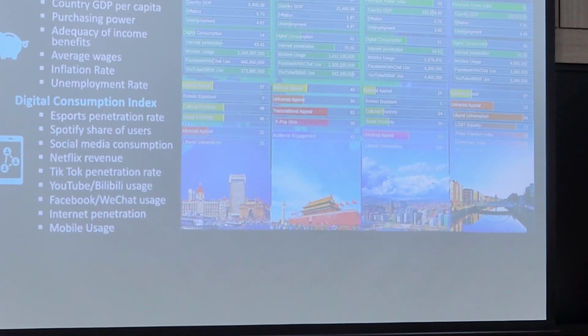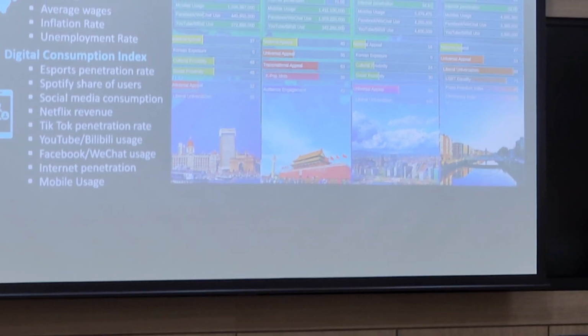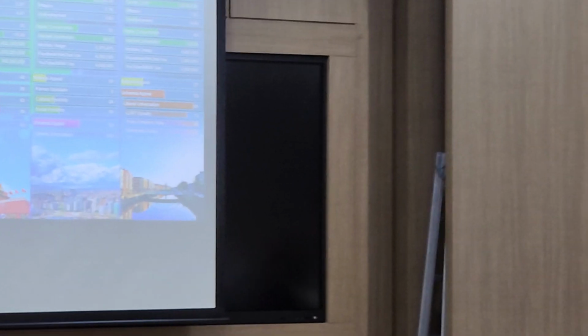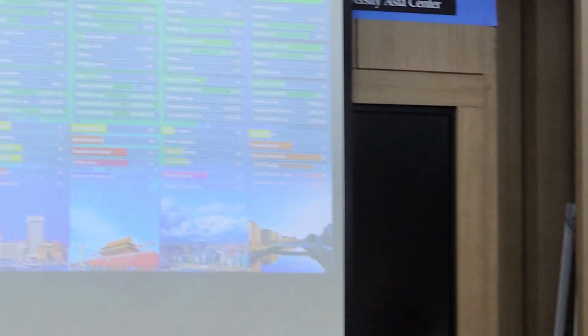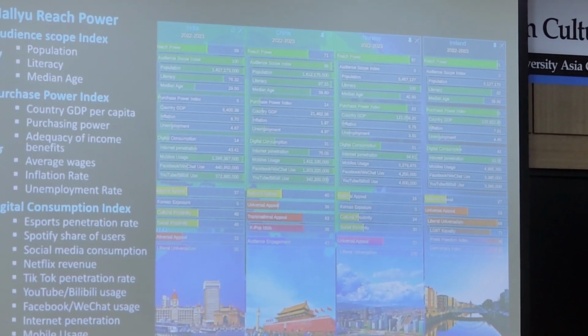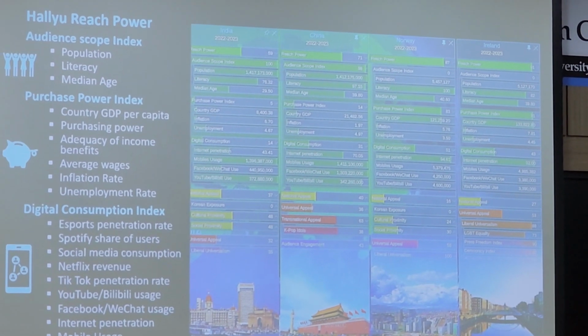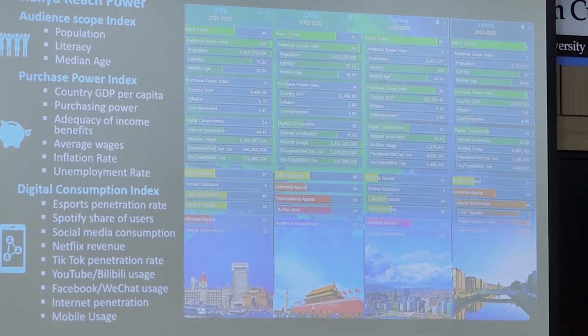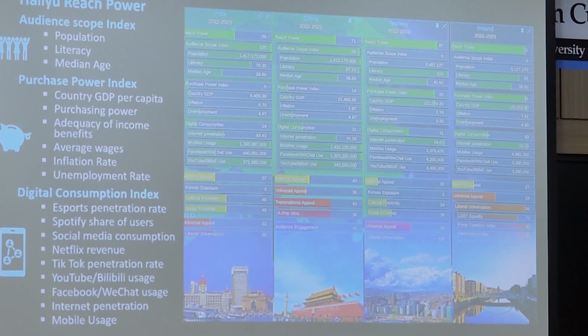WeChat is their counterpart platform that replicates Facebook. In the Western world there is YouTube, and in China it will be Bilibili. So we try to map all that, putting everything on this map, and I will show the demo a little bit later.